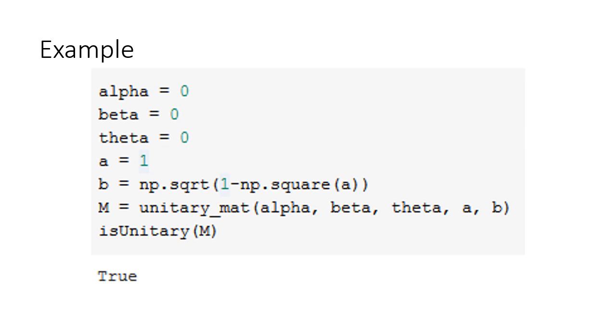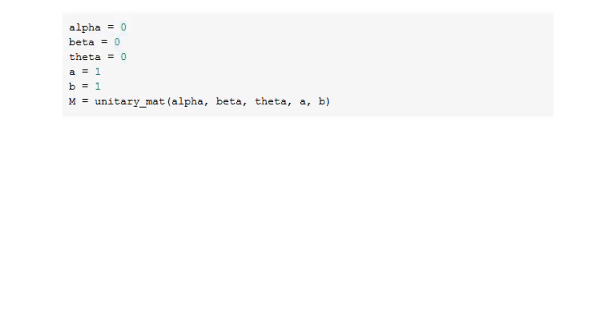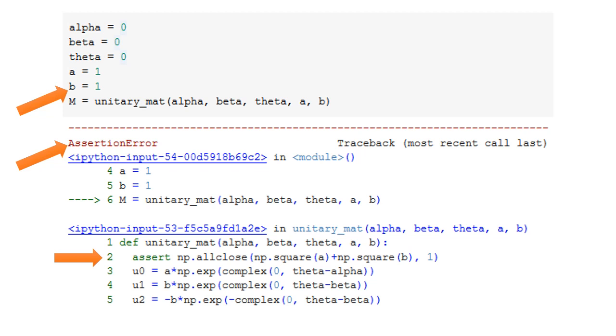And because it is based on the expression, it should always be true. However, if we set B equal to 1, then when we run the program, we see the assertion error.